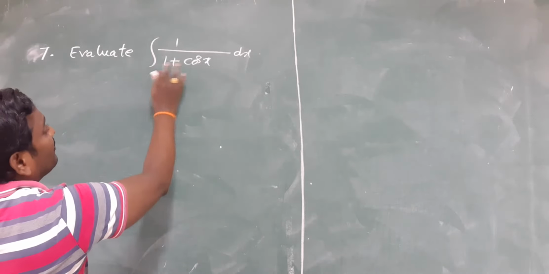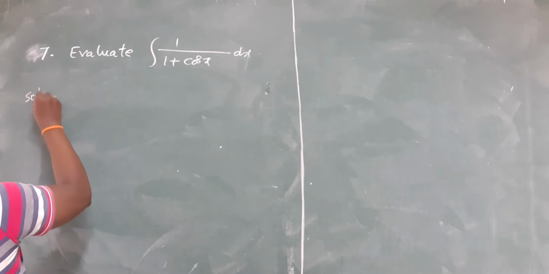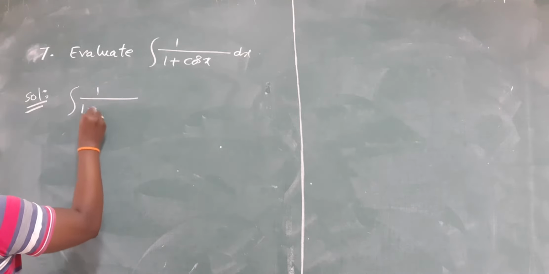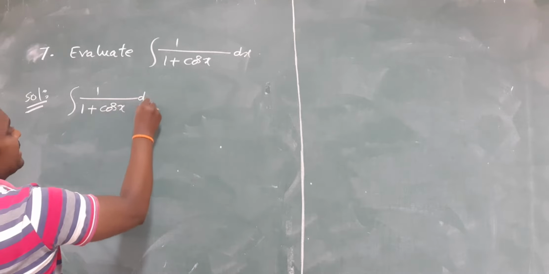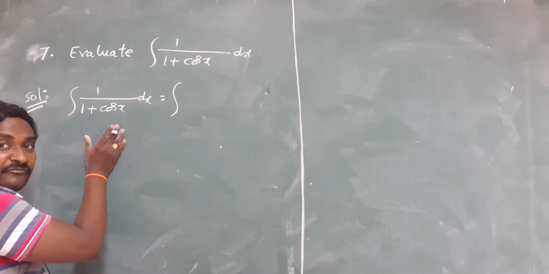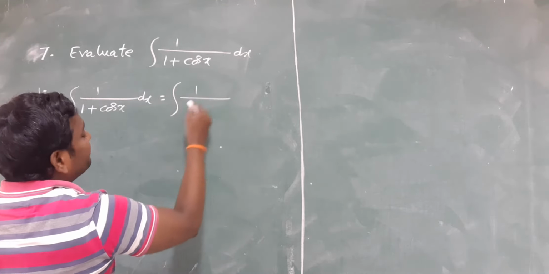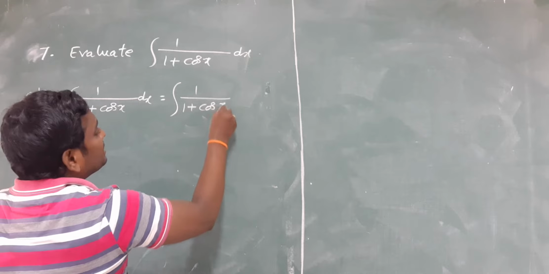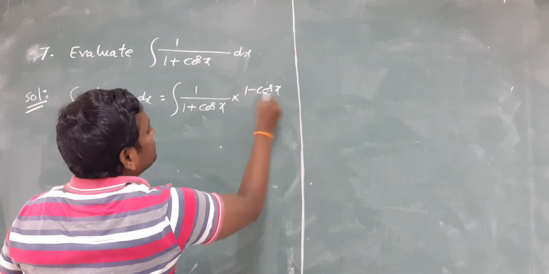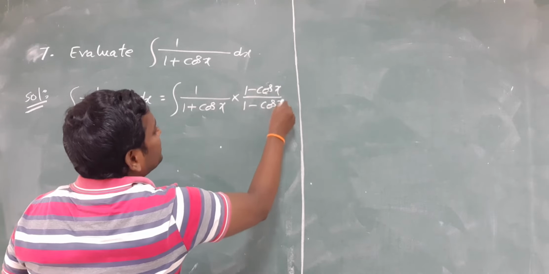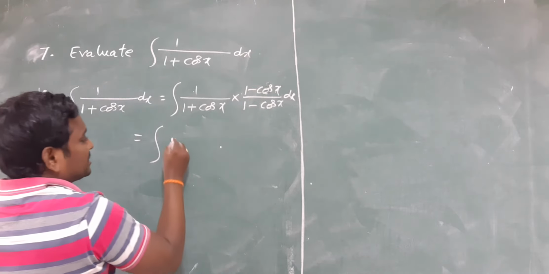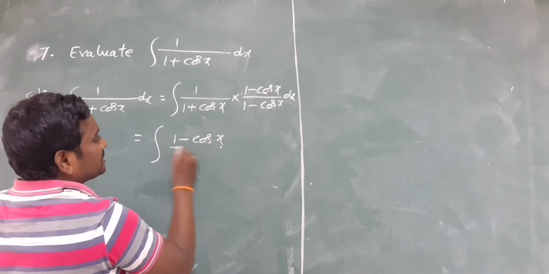Evaluate integration of 1 by 1 plus cos x dx. Solution. Consider the given problem, integral 1 by 1 plus cos x dx is equal to, for this type of problems, take the rationalization of the denominator. So what is the rationalizing factor? If the denominator is 1 plus cos x, then its rationalizing factor is 1 minus cos x by 1 minus cos x into dx. That is equal to 1 into 1 minus cos x, which is 1 minus cos x whole by.